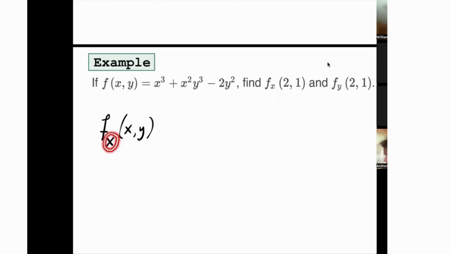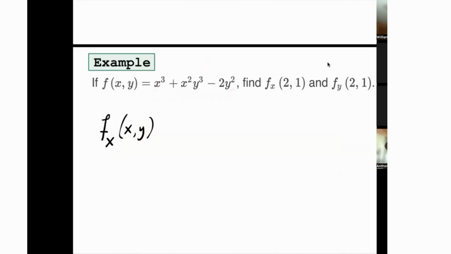When you see this, the subscript tells me that I'm differentiating with respect to x. And I'm going to hold y constant when I compute the derivative. So when you compute the derivative of this explicit form, the only thing you have to keep in mind is that y is just a constant, and deal with y as a constant the way you would if it was something more explicit.